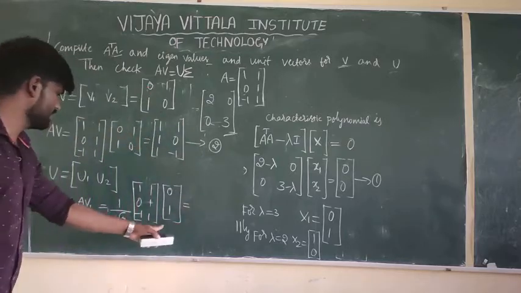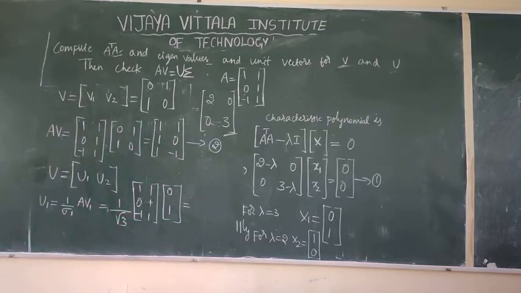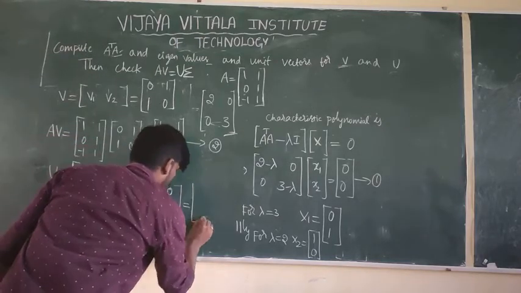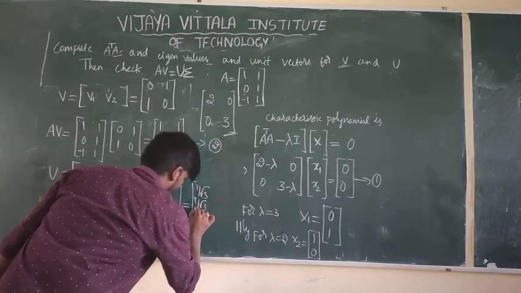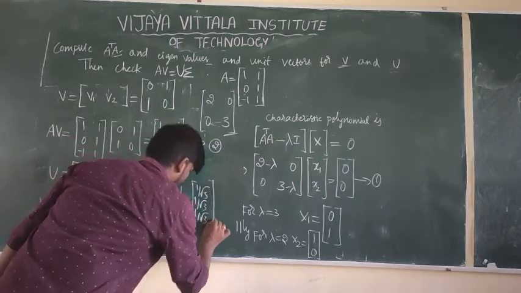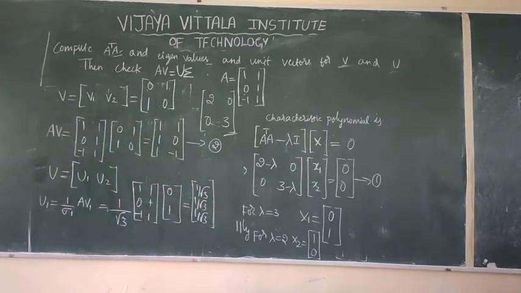After multiplying these two matrices, we get the column matrix 1 by root 3, 1 by root 3, 1 by root 3. This is the unit vector U1.